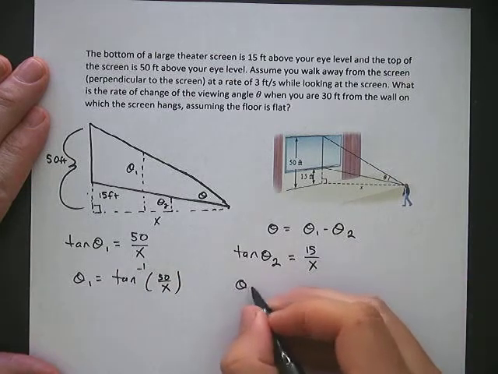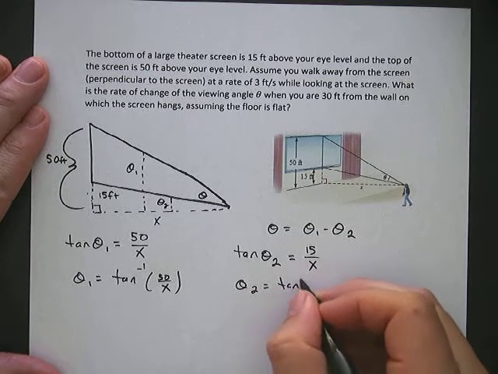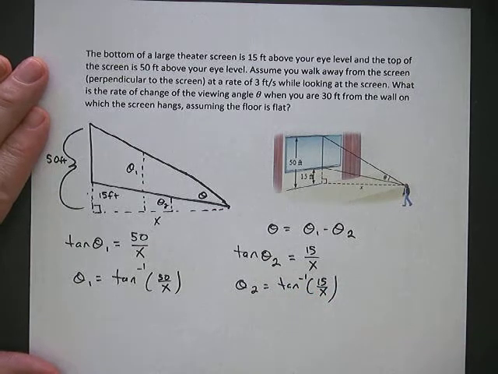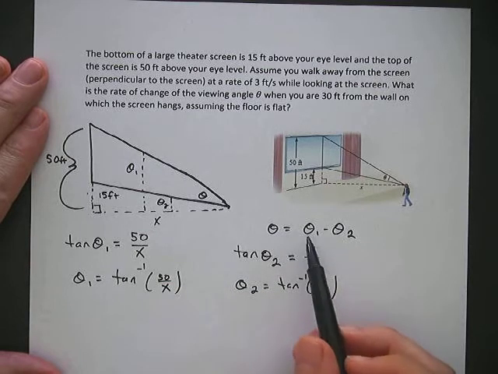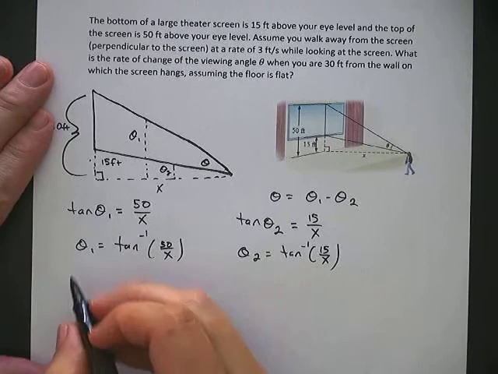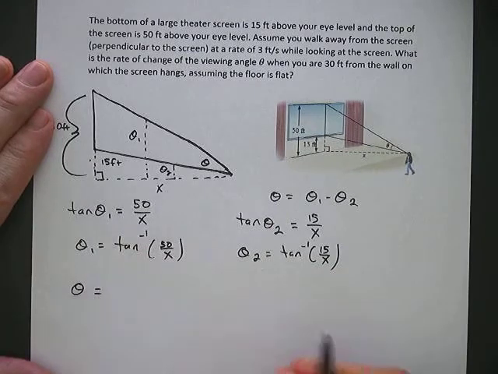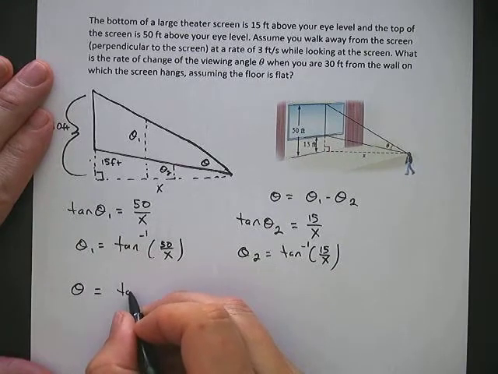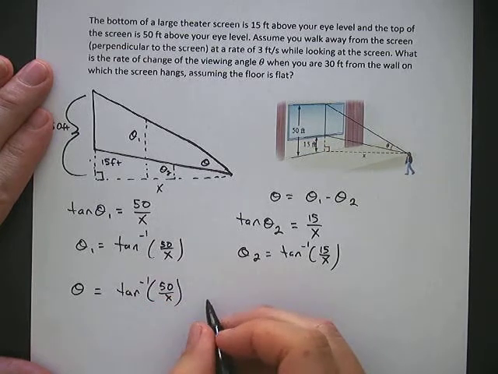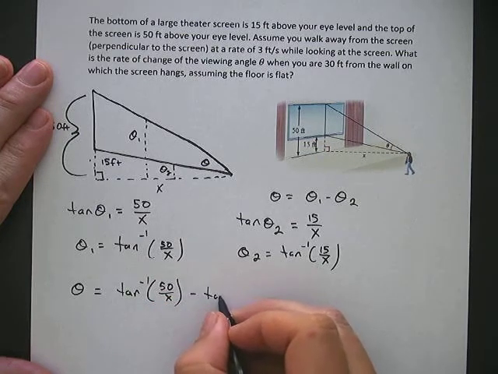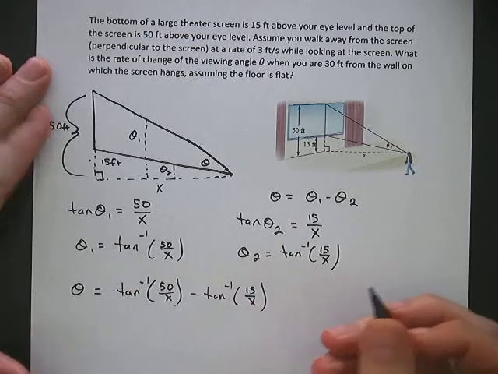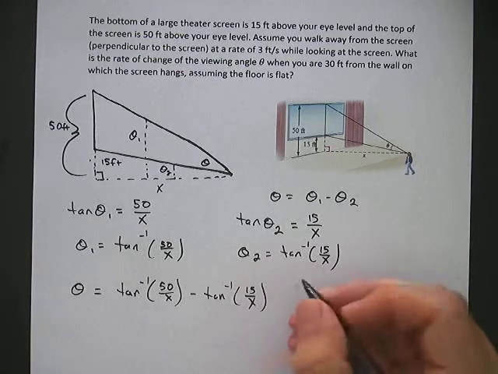Solving for theta 2, we get inverse tangent of 15 over x. Since theta is equal to theta 1 minus theta 2, theta is equal to tangent inverse of 50 over x minus tangent inverse of 15 over x. That's my relating equation.